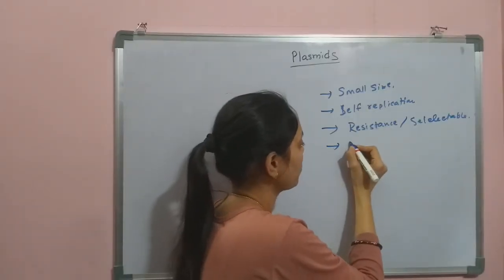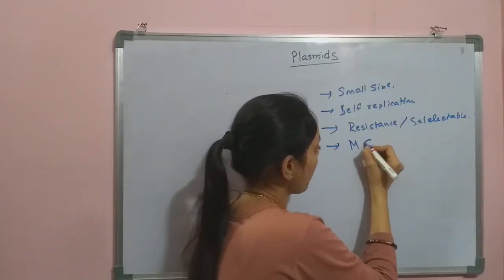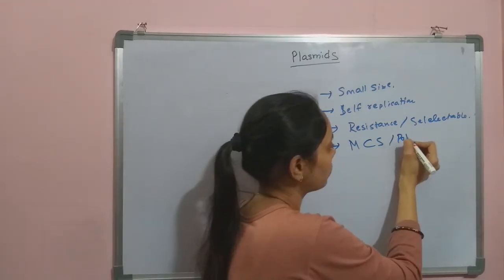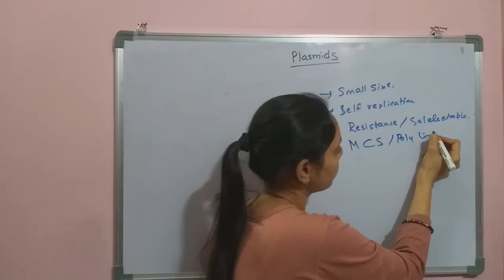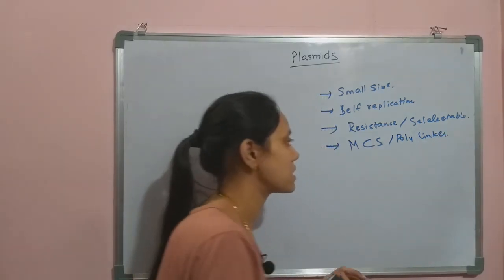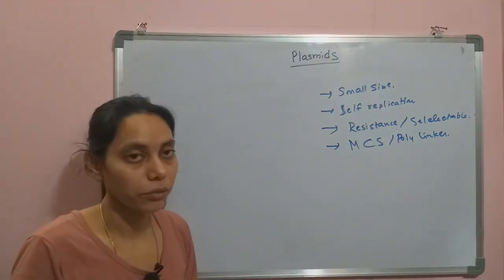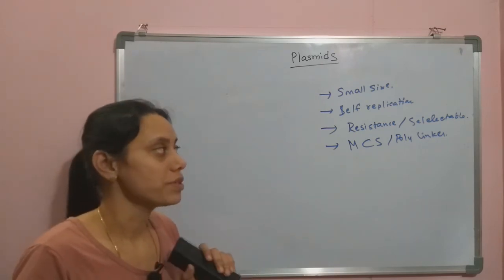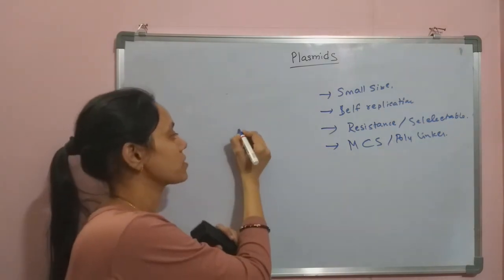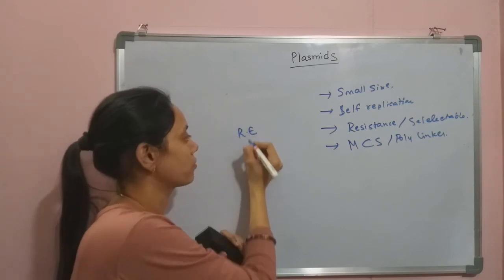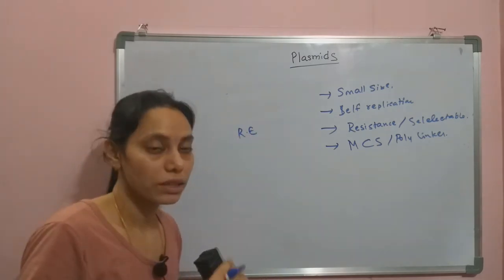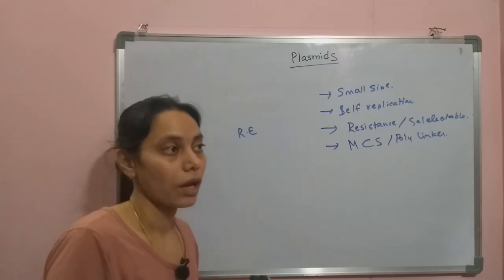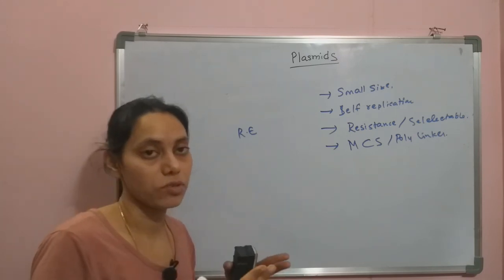And coming to the other point, the MCS or multiple cloning site, or polylinker. Generally, in order to consider them as vectors, these plasmids have restriction enzyme sites. That means these sites are recognized by the restriction enzymes, and we can cut based on that.